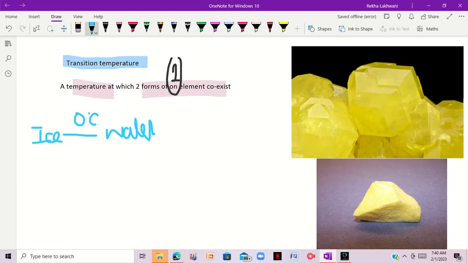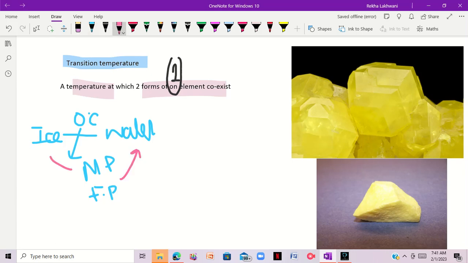You have seen many people writing 0 degree as the melting point of ice and the freezing point of water.